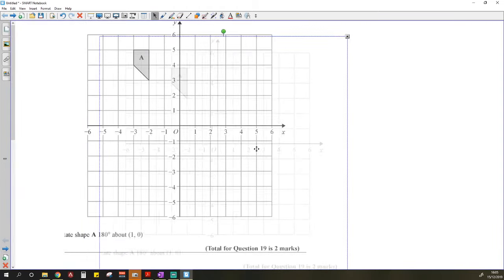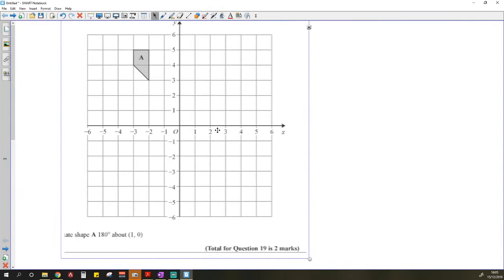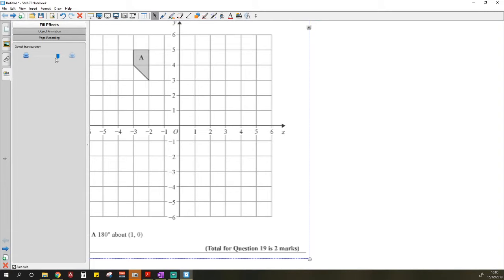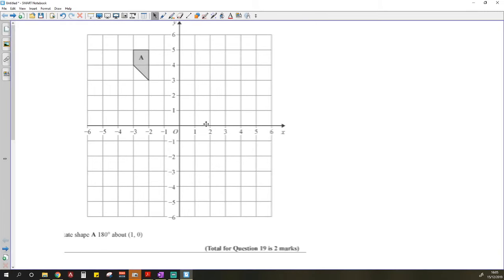Now you're going to need tracing paper obviously for this question, which I don't have. The question says that we want to do it about the point 1, 0. So find 1, 0, which is just here.